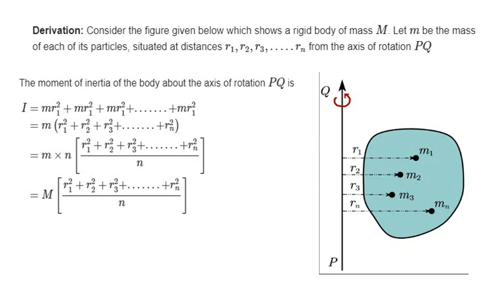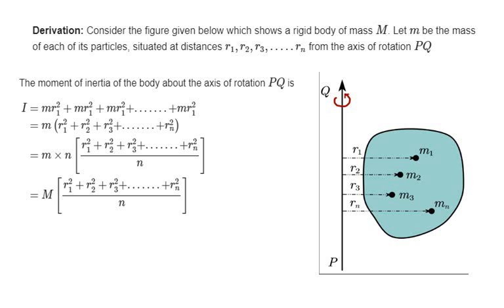For its derivation, consider the figure given below, which shows a rigid body of mass M, and let m be the mass of each of its particles, denoted by different masses m1, m2, m3, mn, but all of these are the same, equal to small m, situated at the distances r1, r2, r3, rn from the axis of rotation PQ.